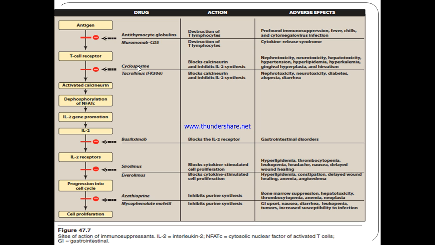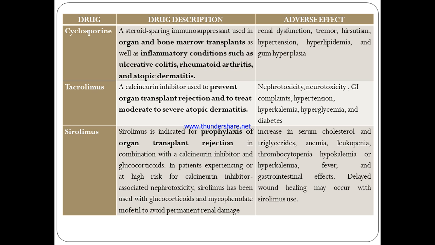But of course their targets are different. Cyclosporin acts on cyclophilin, and tacrolimus acts on the FK binding protein. Whereas sirolimus, as we have said, blocks mTOR, and that's why it blocks cytokine-stimulated cell proliferation.